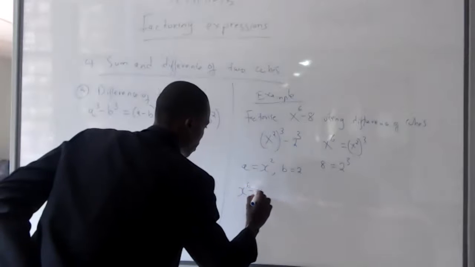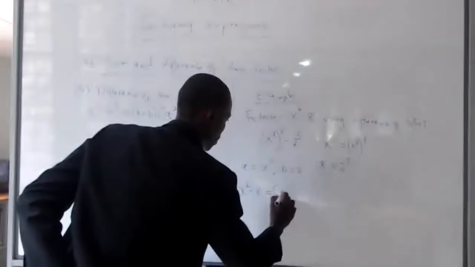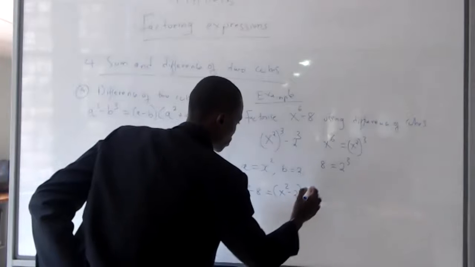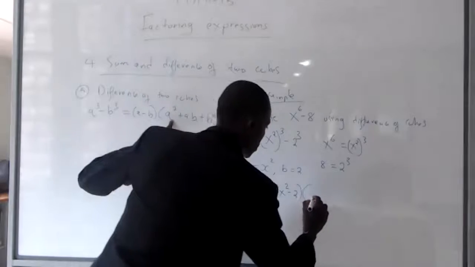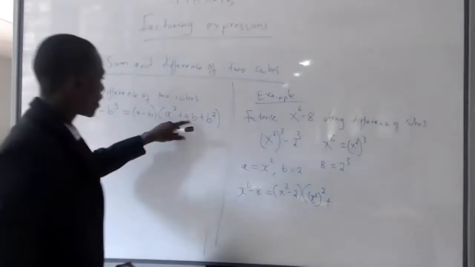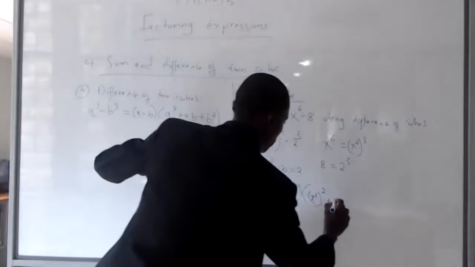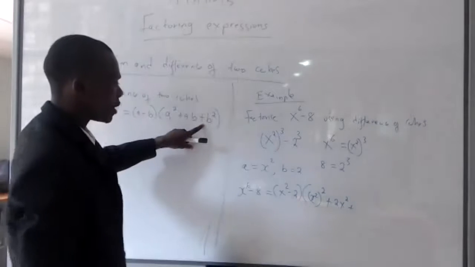x power 6 minus 8 is going to be a minus b. So this is x squared minus 2 into a squared. So we take x squared squared plus ab. So that is just going to be 2x squared plus b squared.